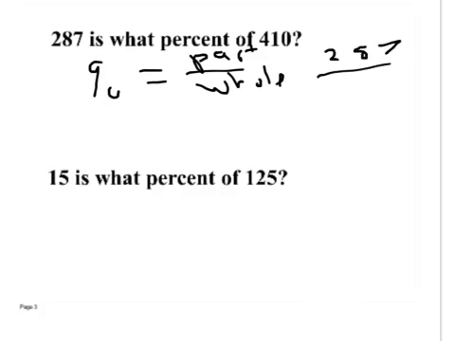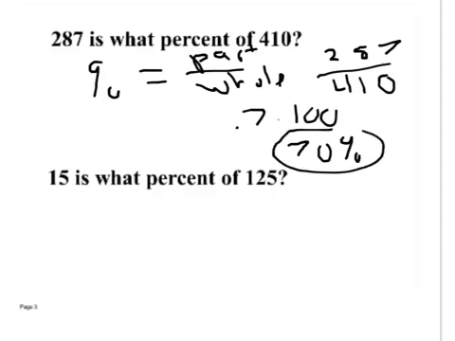That's a percentage of 410. 410 is my whole. 287 divided by 410 gives me 0.7. That is obviously not a percentage. So I times 0.7 by 100 gives me 70%. And to check my number, I could take 70% times 410, I would get 287.